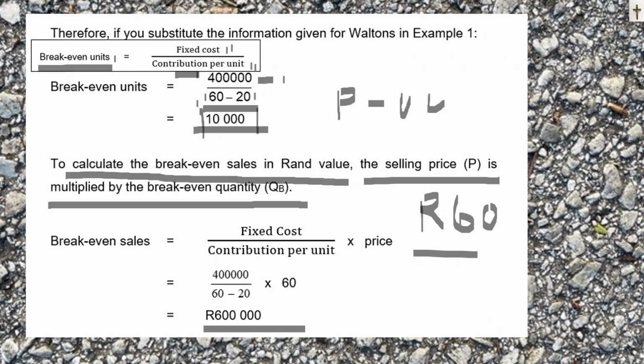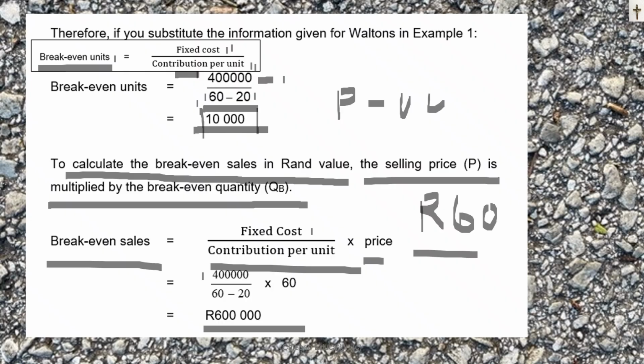600,000. Now what they have done here is they've used the break-even sales formula, which is fixed cost divided by contribution per unit multiplied by the price, which is 60.